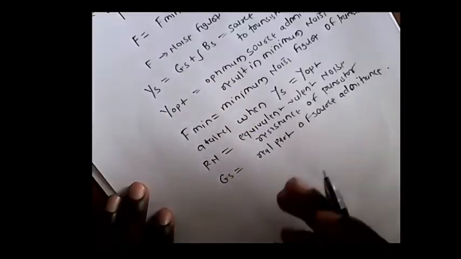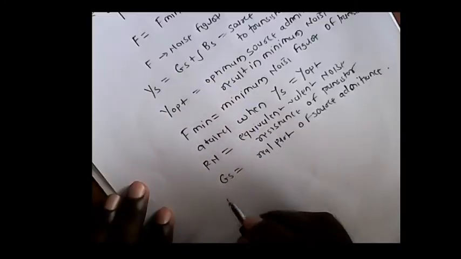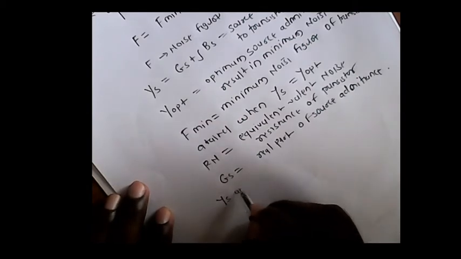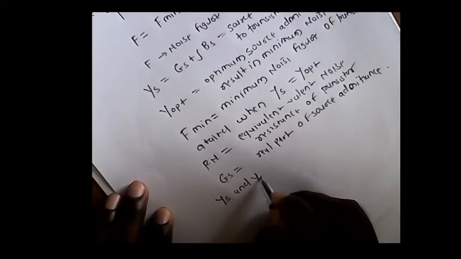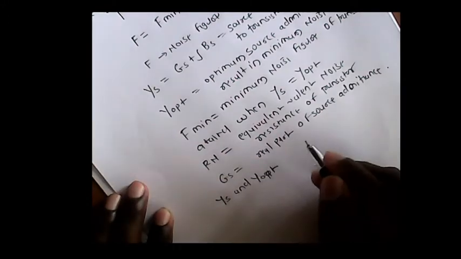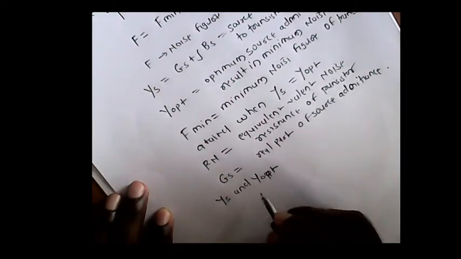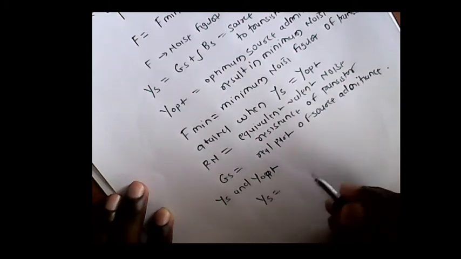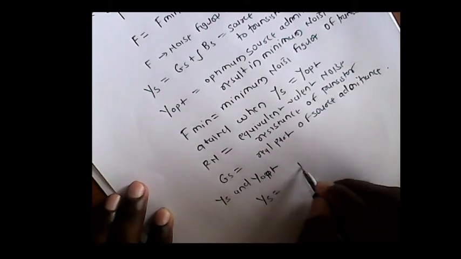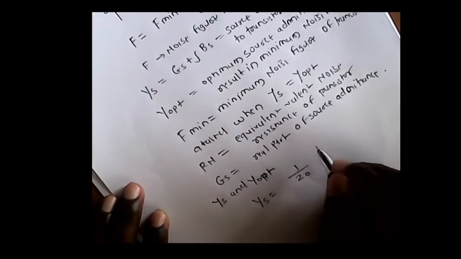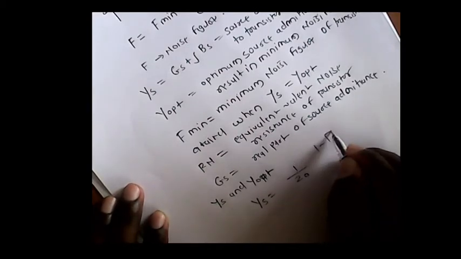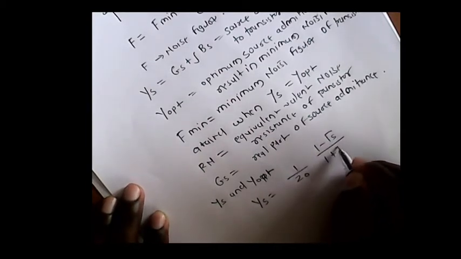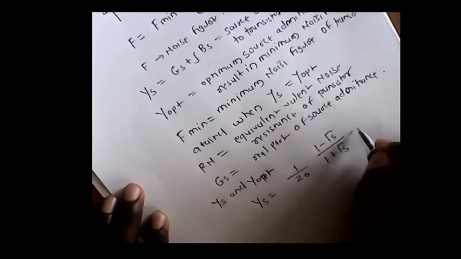Now instead of Y of S and Y optimum, we can write them in terms of reflection coefficient. Y of S is equal to 1 upon Z naught times 1 minus gamma S divided by 1 plus gamma S. This is equation number 2.